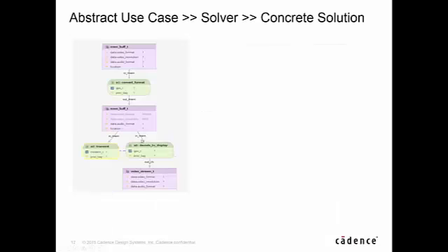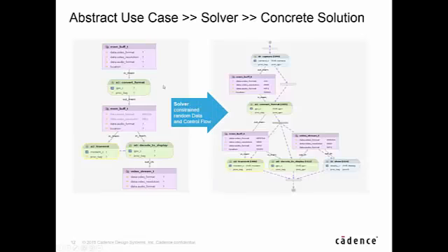Then in our system, we can take those abstract use cases and use the solver to create the concrete solution, or a set of concrete solutions, that will satisfy the particular goals that were articulated in the abstract model. In this one you'll see these blue boxes, these blue actions, were added in by the solver, saying, to get a video into the buffer, I have to get it from somewhere.